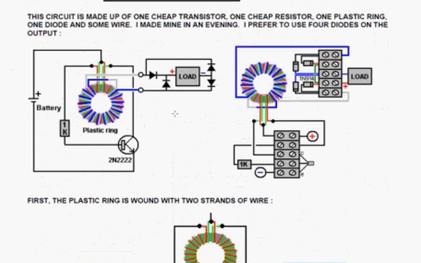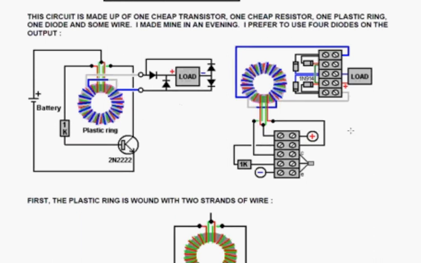Okay, now I found that I preferred and found it more effective to use 4 diodes instead of 1. So I used a diode bridge, as shown on this particular layout on the right. And you notice that the layout on the right doesn't use soldering. It doesn't use anything fancy. And it shows you which way round the diodes can be connected.